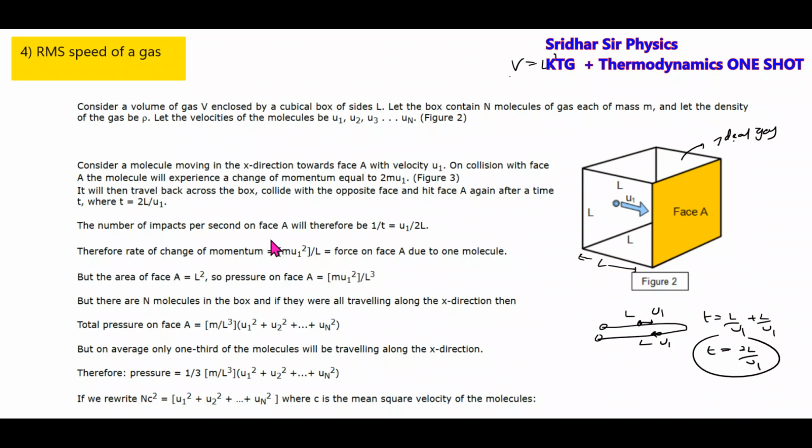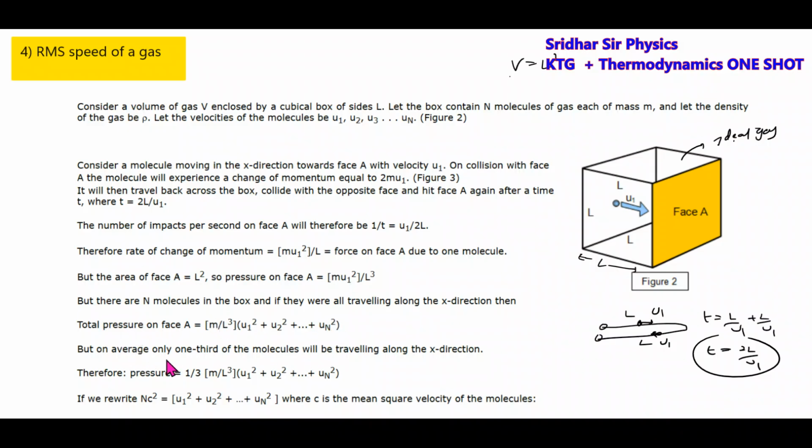So the time will be 2L by U1. So how many collisions per second on face A? 1 by T. This will be the rate of change of momentum. We'll define this one: M1 U1 square by L equals the force on A due to one molecule. The area of one face will be L square. The n number of molecules are moving in the x direction. So the total pressure on face A will be this much.